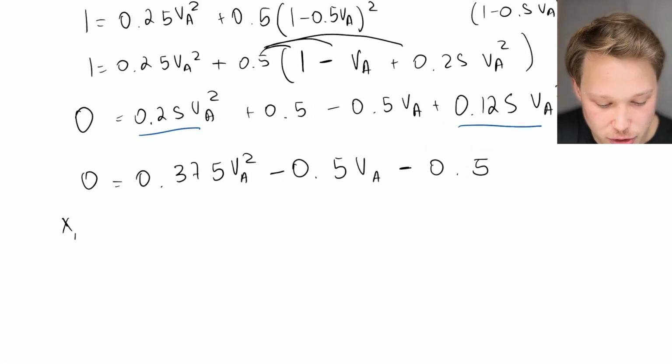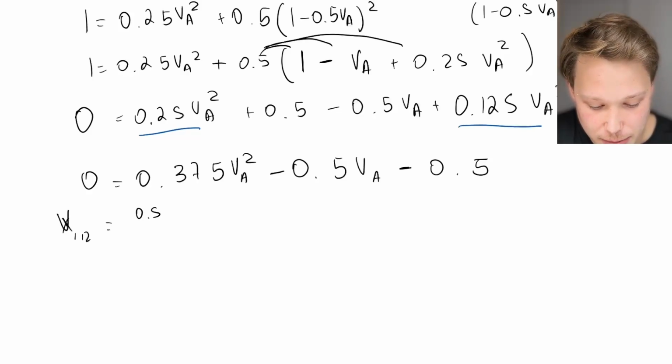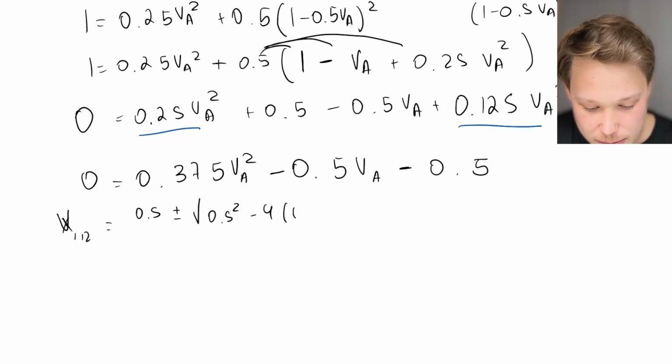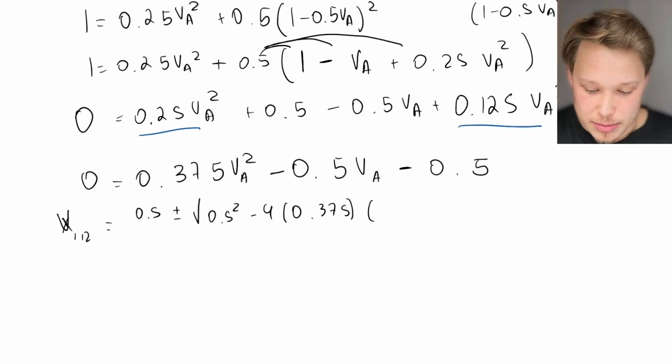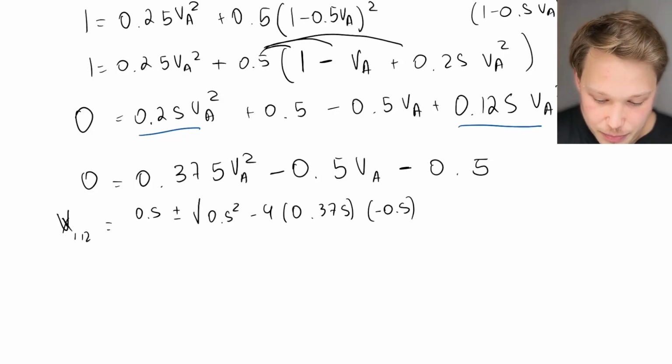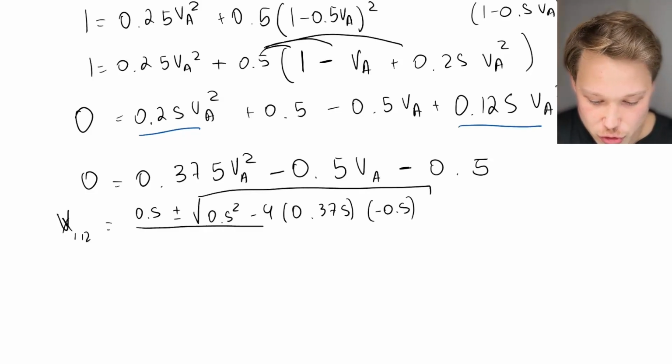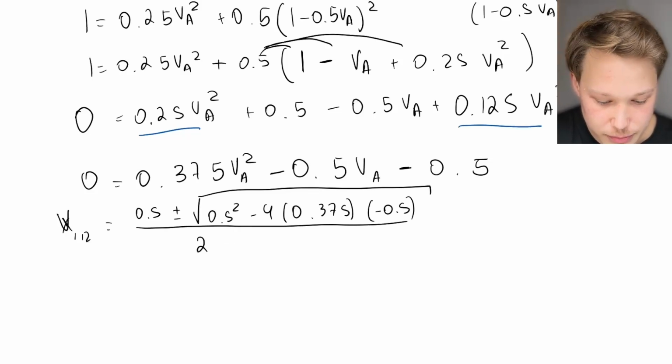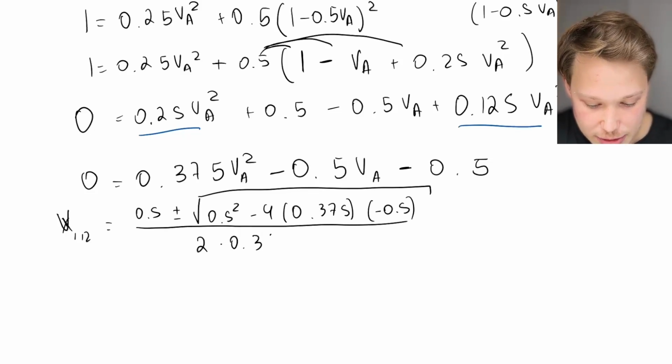So the two terms, VA, is negative B plus or minus the square root of B squared minus 4 times 0.375 times C, over 2 times A, 2 times 0.375.